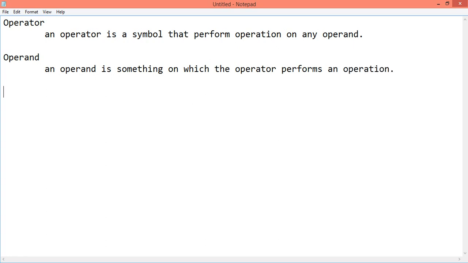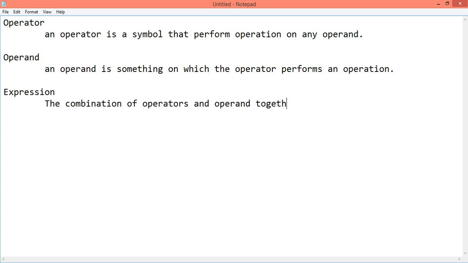And now when you mix together both of these operators and operands, you create an expression. So the combination, I am writing the definition so that you can remember: the combination of operators and operands together, or when you mix together the operators and operands, it makes an expression. I hope it is clear to everyone up till now.